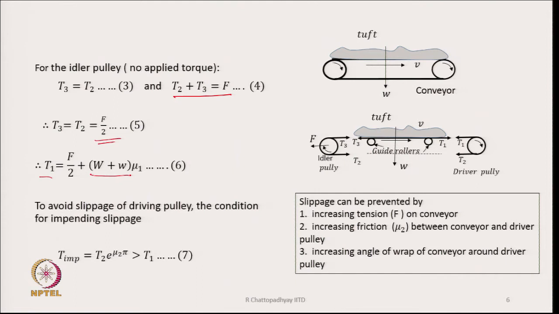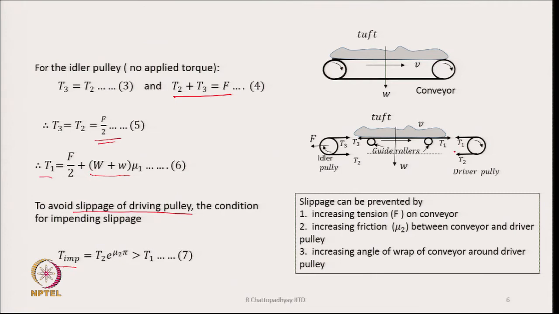So, we can say therefore, that the tension on the upper part of the conveyor is not constant along its length. On the left hand side, tension is less, on the right hand side tension is more, because it is carrying a certain amount of load. Now, to avoid slippage of the driving pulley, the condition for impending slippage is T impending, how much?